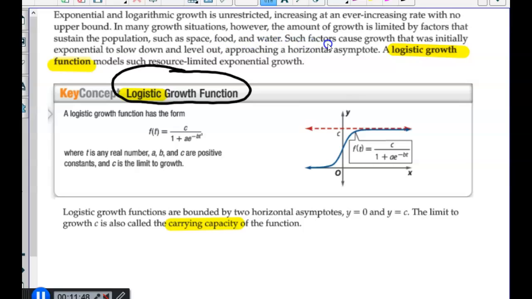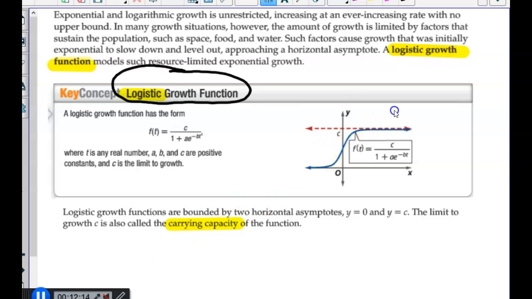Such factors cause growth that was initially exponential to slow down and level out, approaching a horizontal asymptote. This is called a logistic growth function, and it models such resource-limited exponential growth. So things will grow quickly and then slow down and approach a limit. That limit is called the carrying capacity.